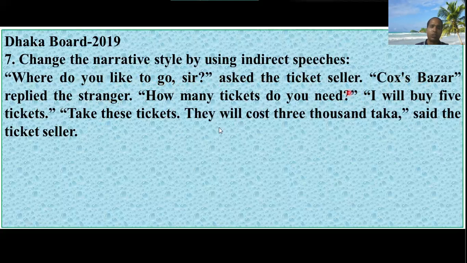How many tickets do you need? The ticket seller is the speaker. I will buy 5 tickets. The stranger is the speaker. Take these tickets. They will cost 3000 taka. The speaker is the ticket seller.